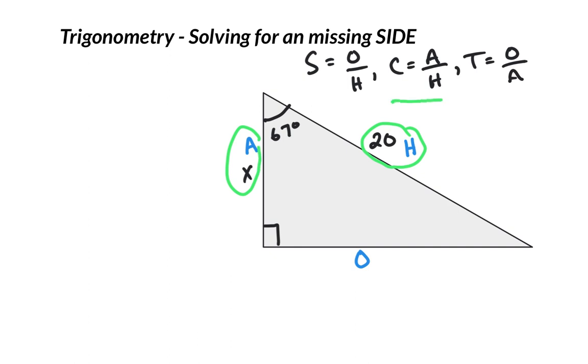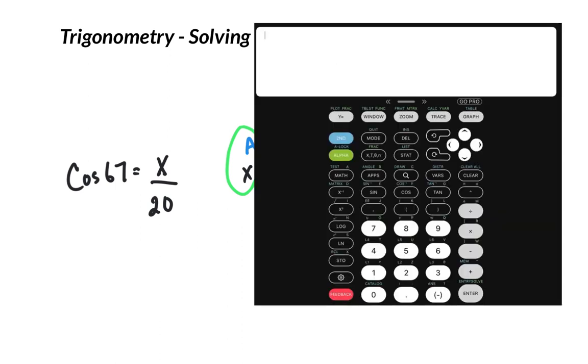So that must be a cosine example, because that deals with A and H. So we write down that the cosine of 67 is equal to, and keep these things in order, adjacent divided by hypotenuse.